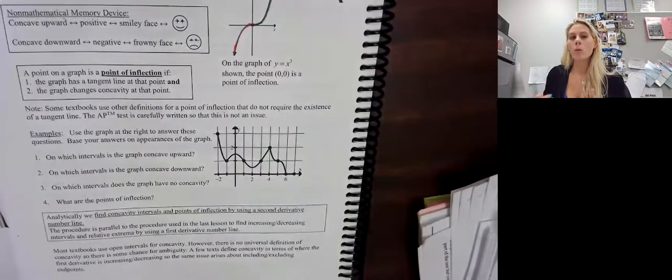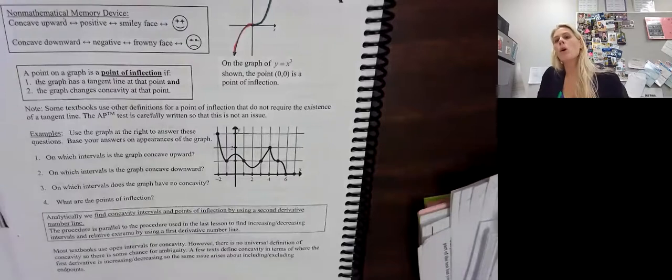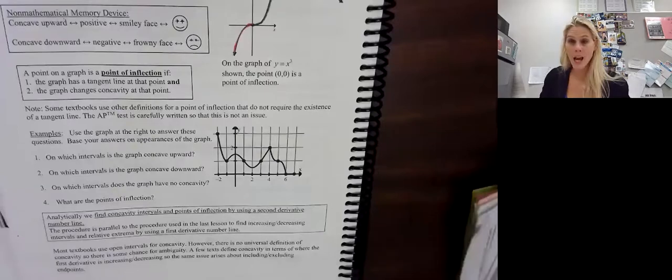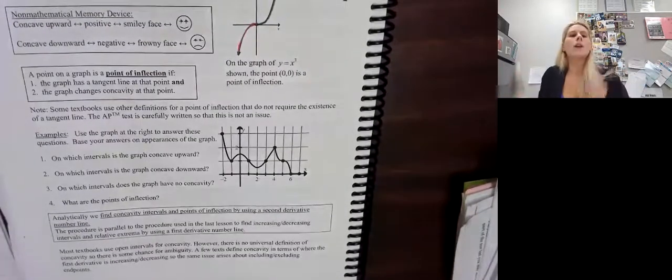They don't require that tangent line. Usually I just think of it as the change of concavity, but it's not a big issue to prove or not on the AP test. We will go through how to define things specifically and write them down to get points on the AP test, okay?